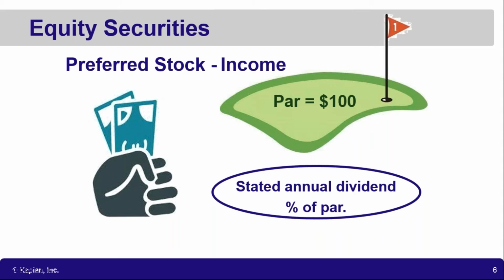You multiply the 6% times $100 par value, and you're going to receive $6 per year on that preferred stock. Common stock does not have an annual dividend rate that's on your certificate. You really don't know what the dividend rate's going to be from one year to the next on common. But on preferred, it's a promise that they're making, to pay you income on a regular basis. So if someone's looking for income now, this is a good product to recommend to folks.